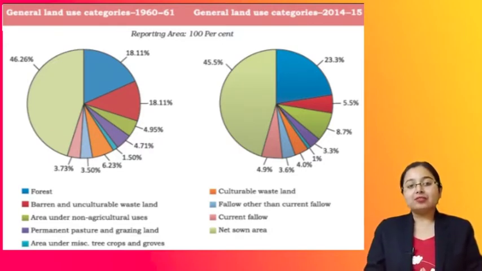The last, we have net sown area. Children, it was 46.26% in 1960-61, which reduced to 45.5% in 2014-15. So this was a comparison. We have compared the data of 2 years, what was the land use pattern in 1960-61 and what was it in 2014-15.